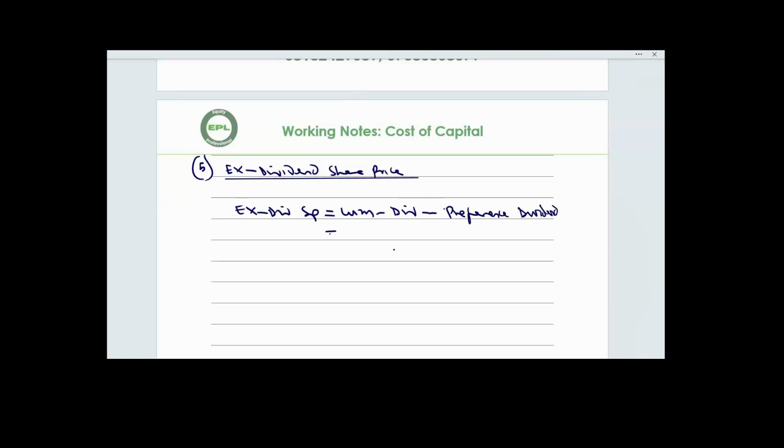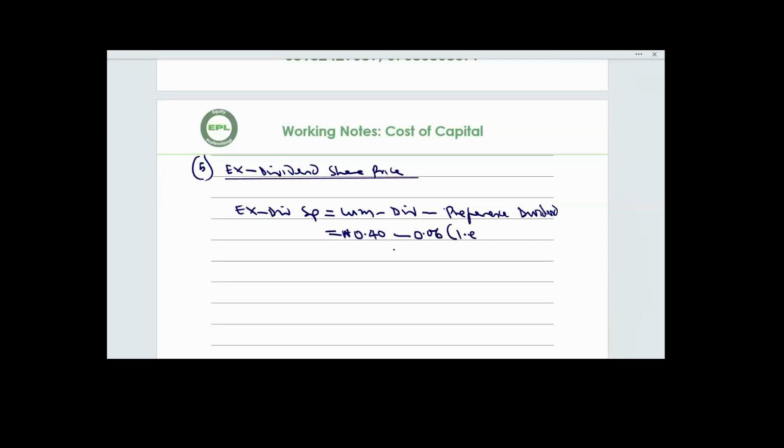Okay, so the cum div, we are given 40 kobo, 0.40. That's 40 kobo minus preference dividend. And I told you that preference dividend is the nominal rate on the nominal value. The nominal rate of the preference share is 6%. All right, 6% of 1 naira will give us 6 kobo. So that's 0.06.